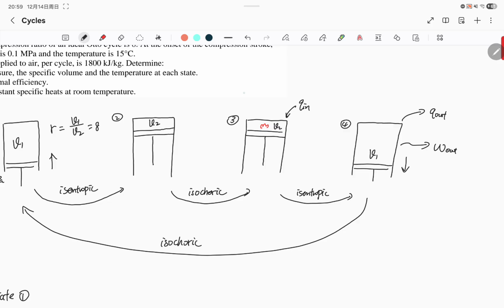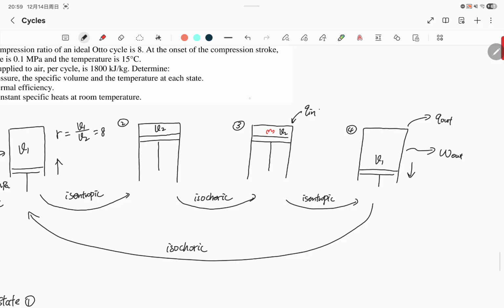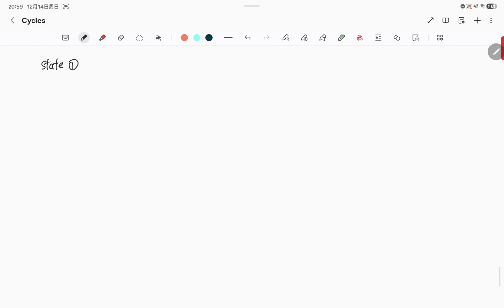Let's label it Q in, that's equal to 1800 kilojoule per kilogram. Okay. So state 1, we just have temperature and pressure, and that's enough.